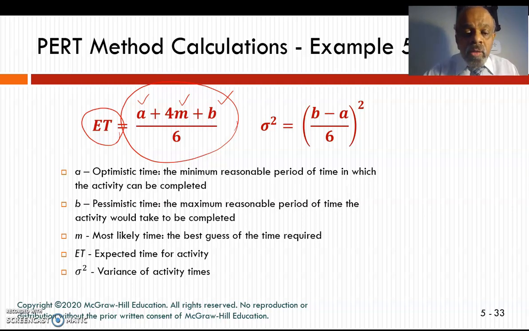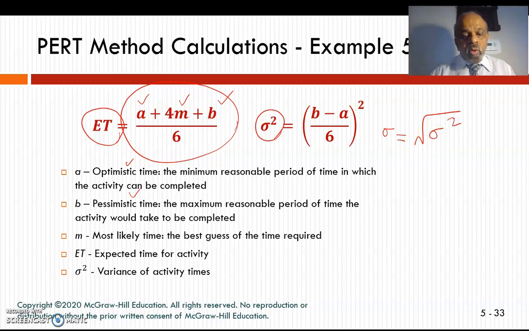The variance of these activity times can also be calculated. I can calculate the variance using the optimistic time and the pessimistic time: B minus A, divided by 6, whole squared. That gives you my variance. My standard deviation of these activities is going to be the square root of sigma squared.